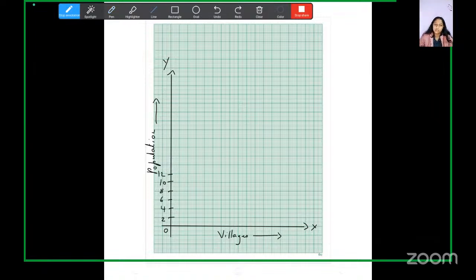Now, for village A, we calculated 10 centimeter. So let's make 10 centimeter.